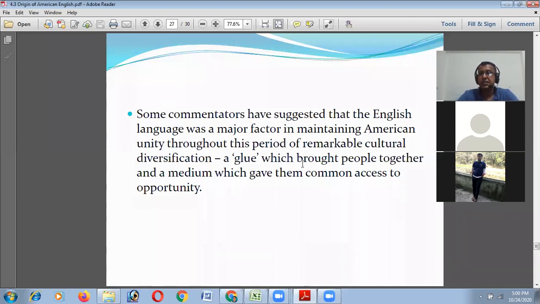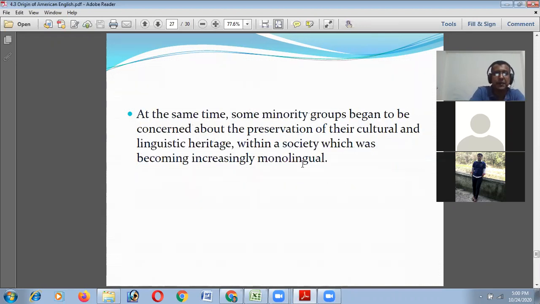So we do not see any linguistic or cultural change. However, we see the same linguistic pattern, and the English language has become like a glue that has attached many cultural groups together, and that is the ground for American unity. So the English language has become a ground root for American unity in such a way.